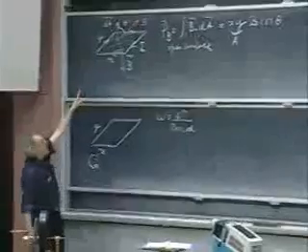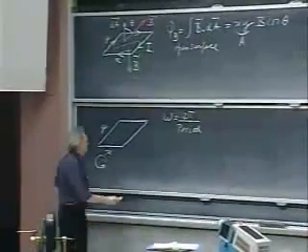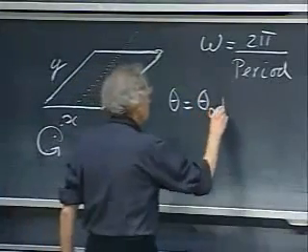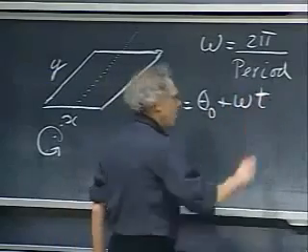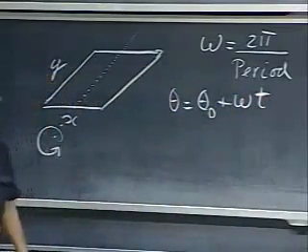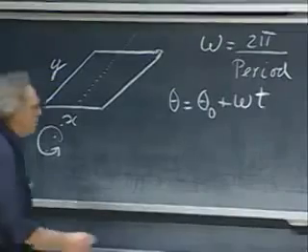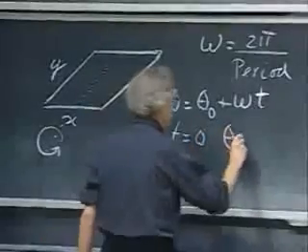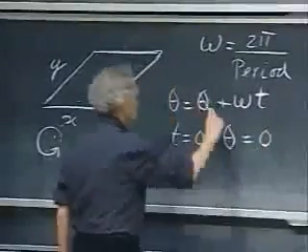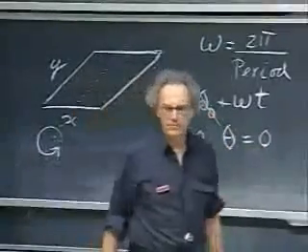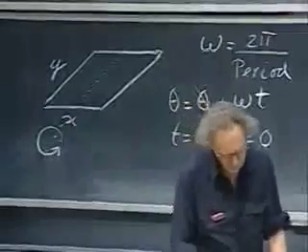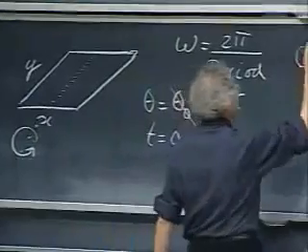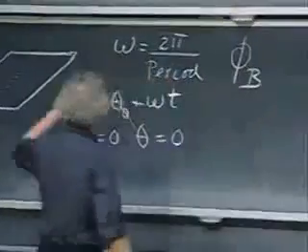So the angle theta that you have there becomes theta 0 plus omega t, going back to 8.01. And I choose this theta 0 such that at t equals 0, theta is 0. And so I have nothing to do with theta 0. So what now is the magnetic flux? This is my loop.